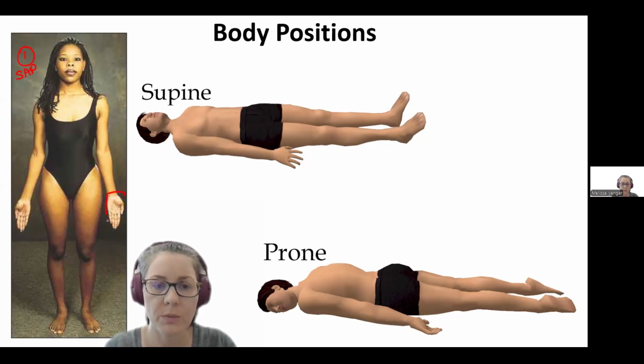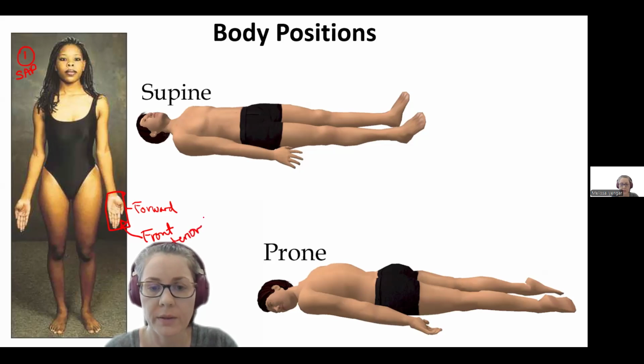And then one of the most important key concepts here is that the arms need to be to the sides and the palms need to be in the forward direction. Not out, not up, not backwards, because what that tells me is this is the front, and what we call the front is actually the anterior.